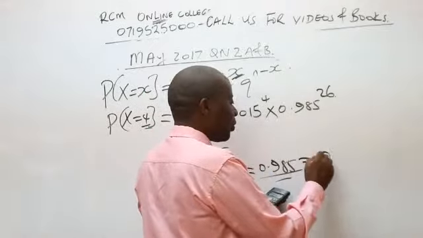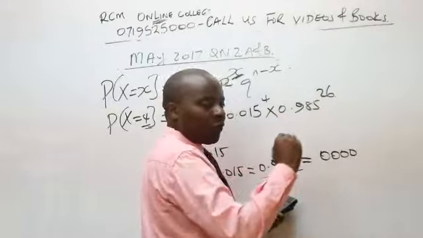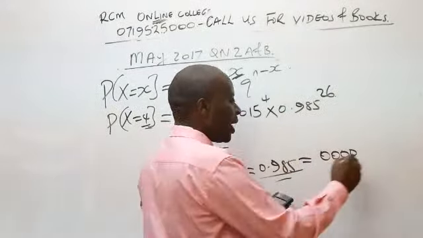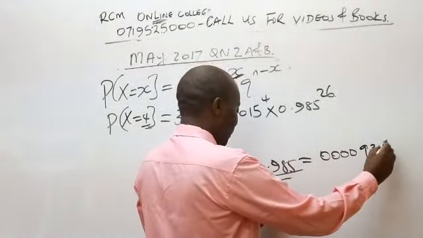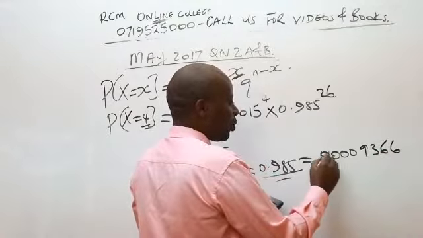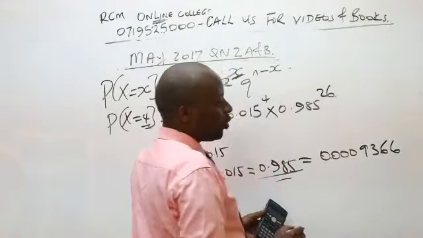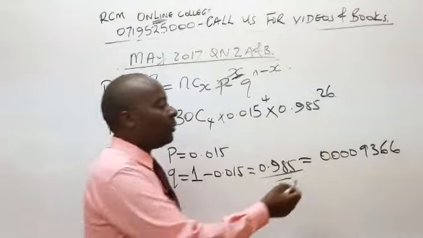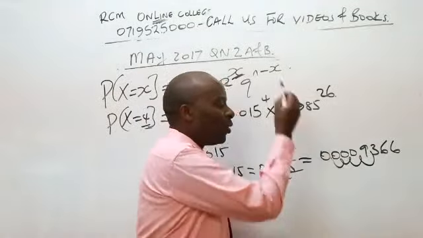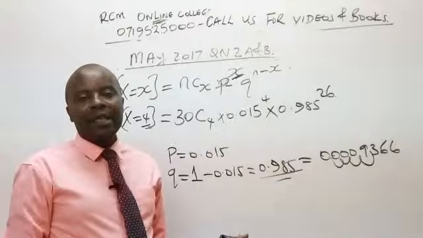So it's 4 zeros on the left, and then we have 9366. Between the zeros and the digits we put a decimal there, or you count 1, 2, 3, 4, and you still end up getting the same decimal place.